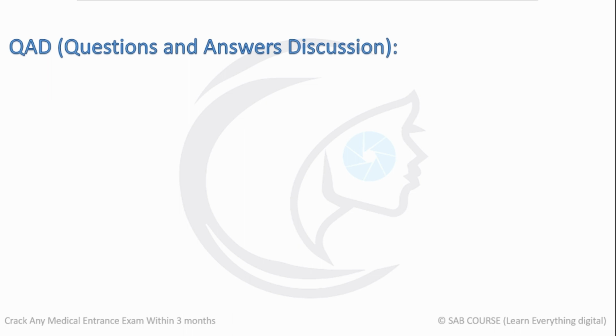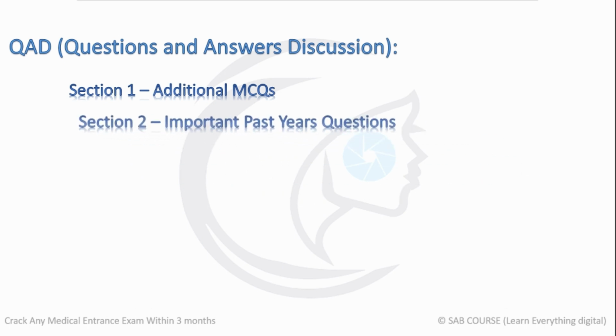And after finishing the zoology part, we will run into the question answer discussion sections. In the question answer discussion sections, we have 5 sections. First section is additional MCQs. We'll solve additional MCQs in this section, and in section second, we will practice important past year questions.